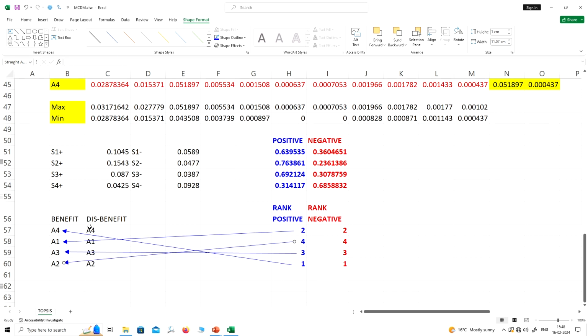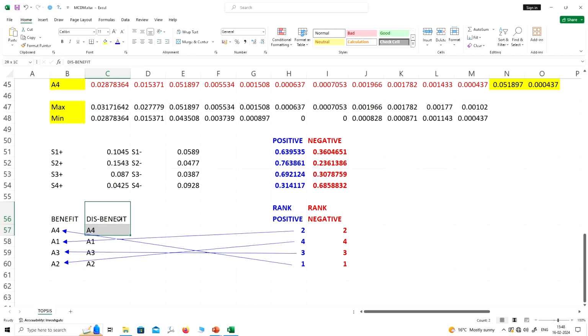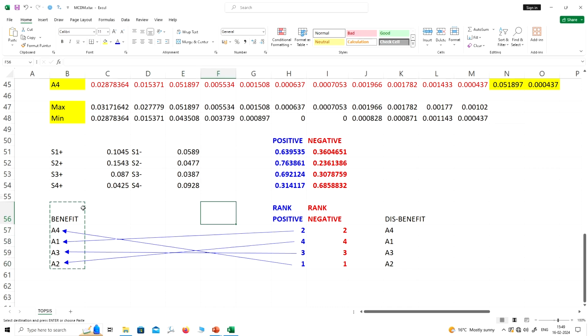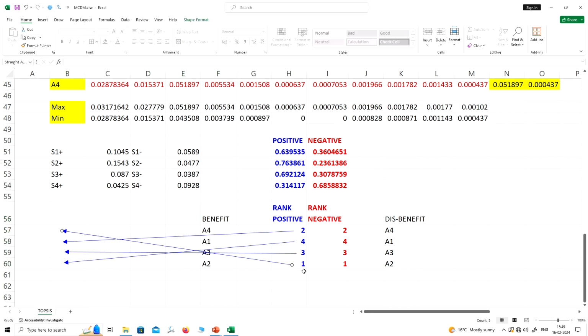And similarly, if I do the disbenefit one, let me remove the disbenefit. So, on the right hand side there is no crossing of the line. So, it becomes much easier for us. Let me put it side by side. So, symmetricity will give us a much better viewpoint.